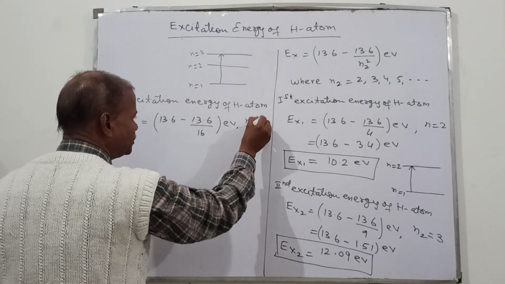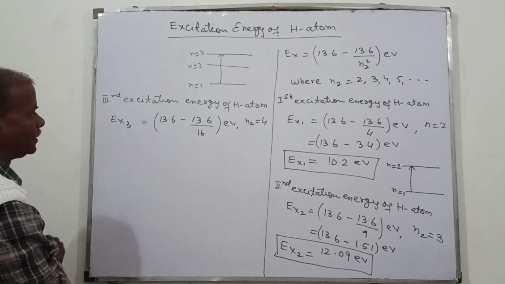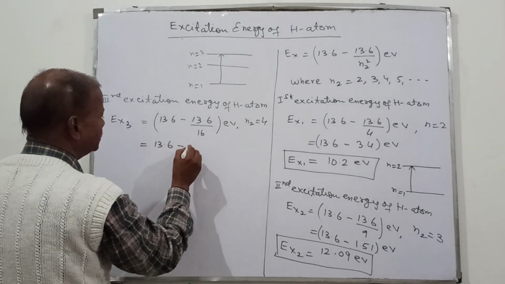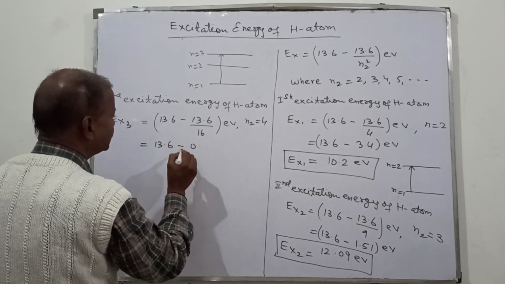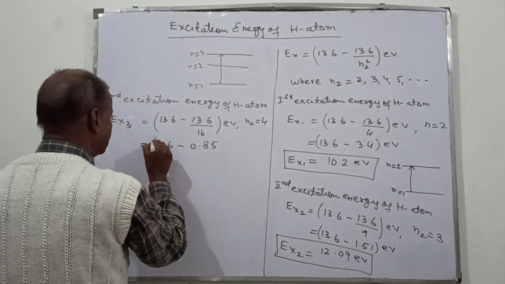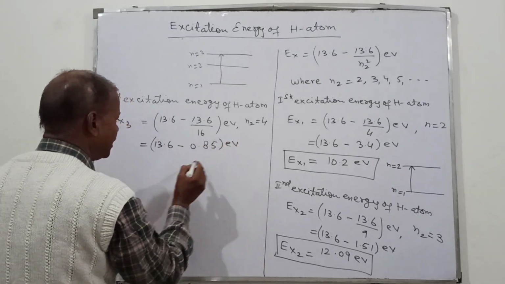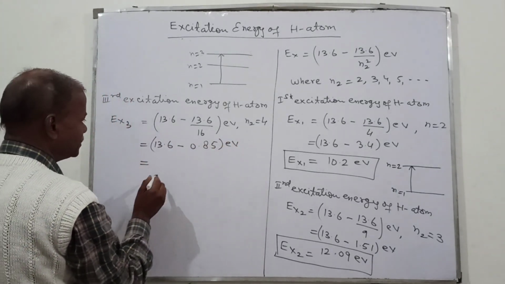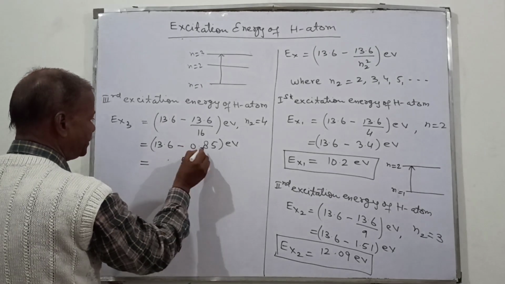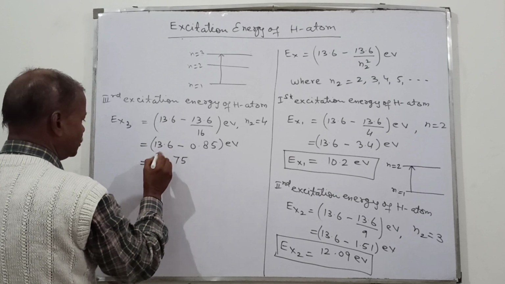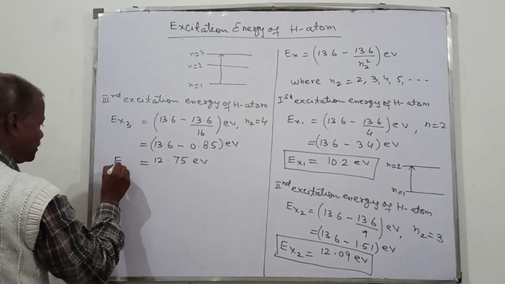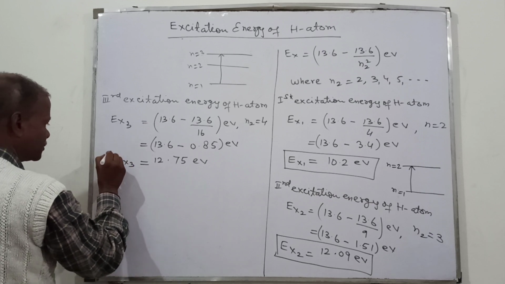Here n2 is equal to 4. So this is equal to 13.6 minus 0.85 electron volt, which is about 12.75 electron volt. This is EX3.